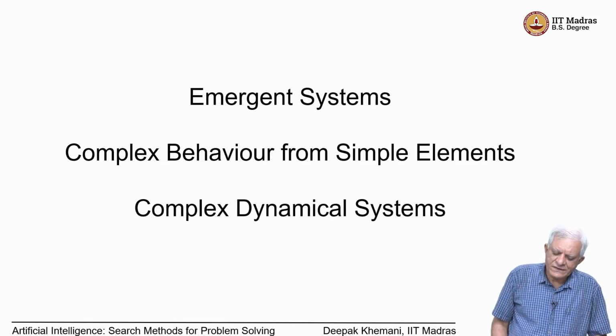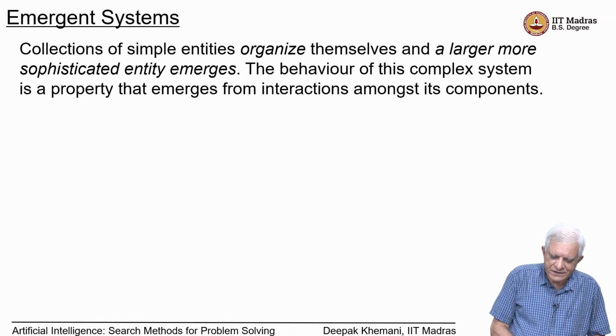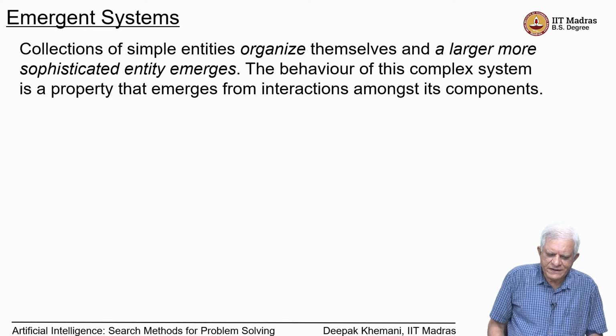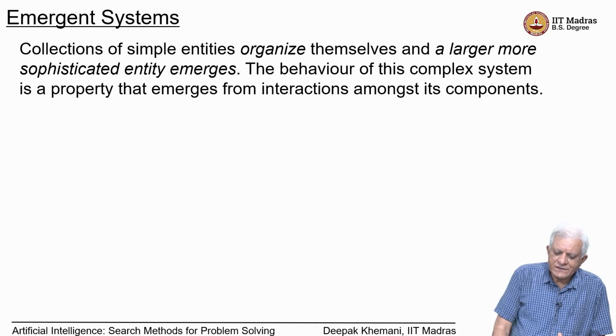This is often studied by people who study complex dynamical systems, and the idea is this, that collections of simple entities organize themselves. So, we are talking about self organization here, and a large, more complex entity emerges out of that. Essentially, the behavior of this complex system is a property that emerges from the interactions amongst its simple components.